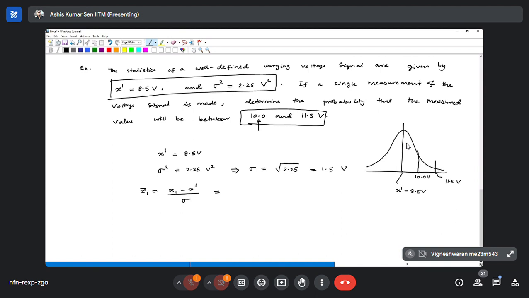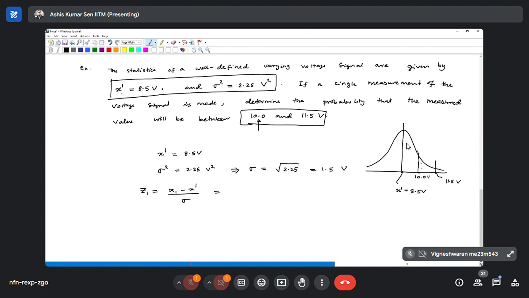Yes, it says the true mean is 8.5 volt, so this is where the true mean is. Then the question is asking what is the probability that data is going to fall between these. Okay, understood. Got it, the limits are 10 volt and 11.5 volt.